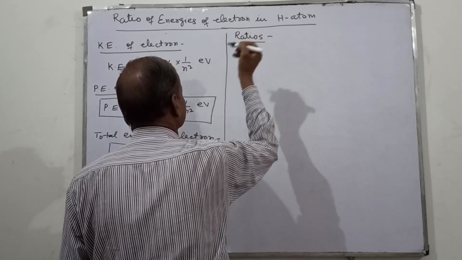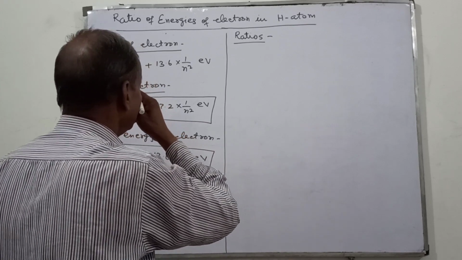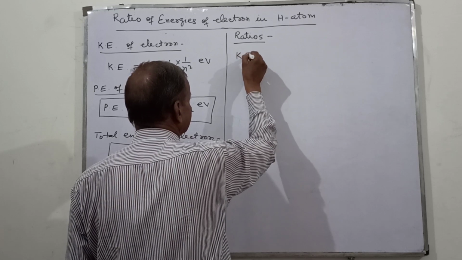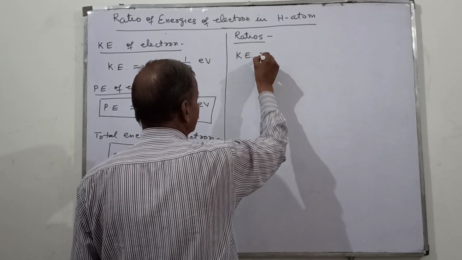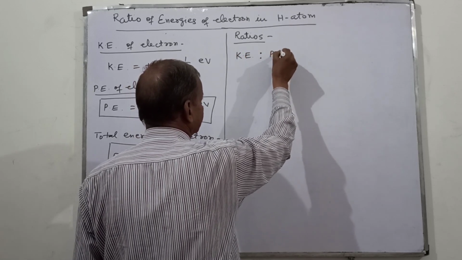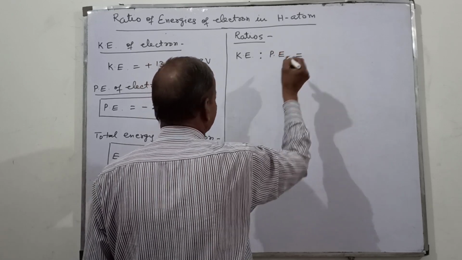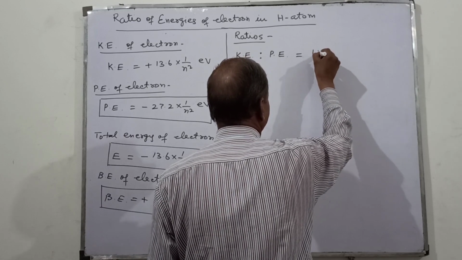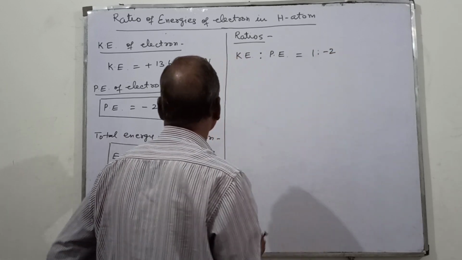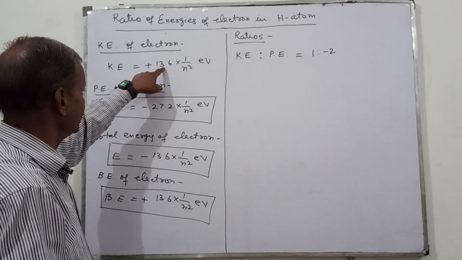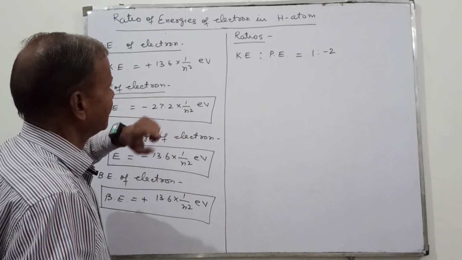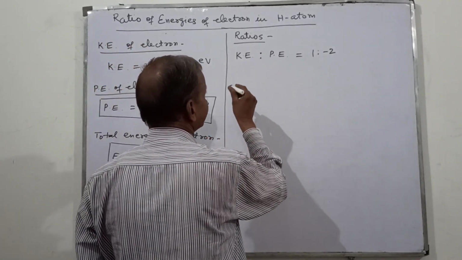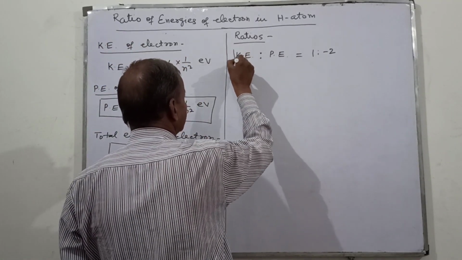Kinetic energy ratio potential energy is 1 ratio minus 2, because the potential energy is just double of the kinetic energy, in magnitude. This is one relationship.